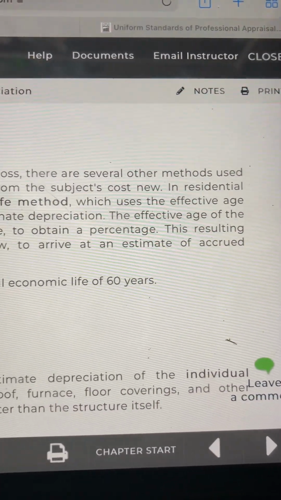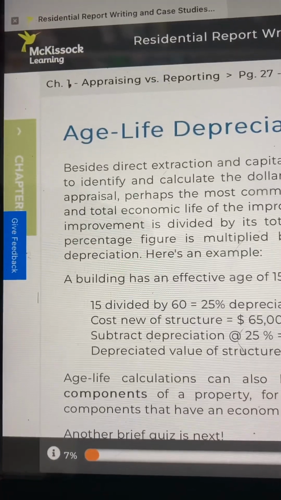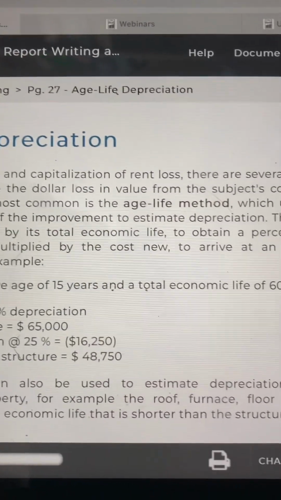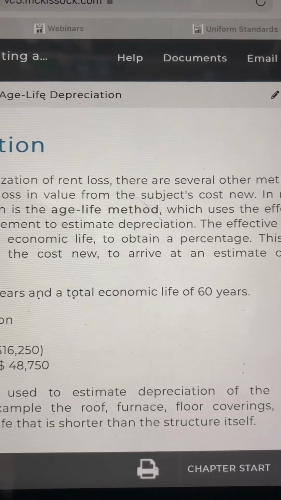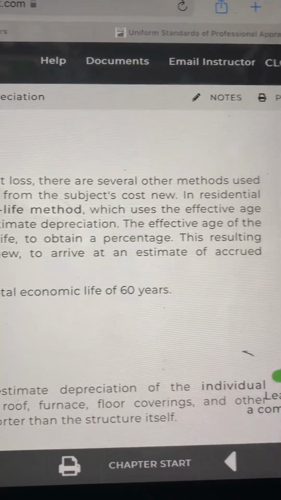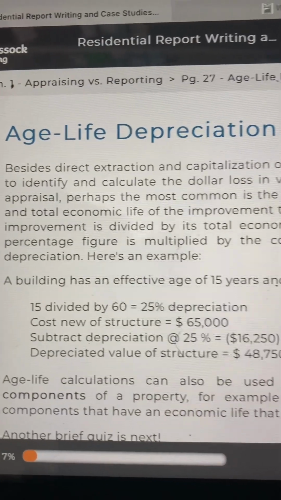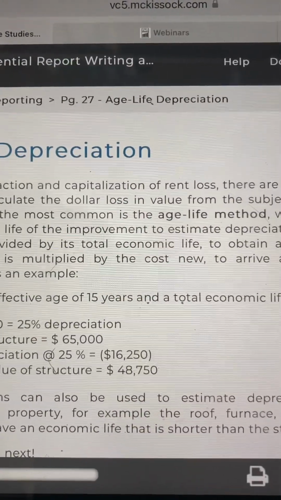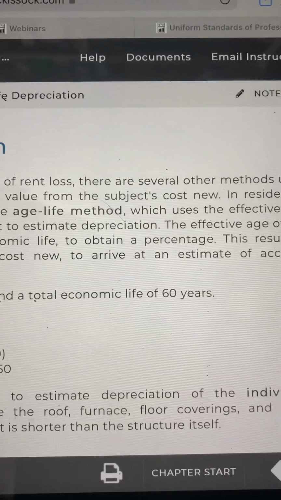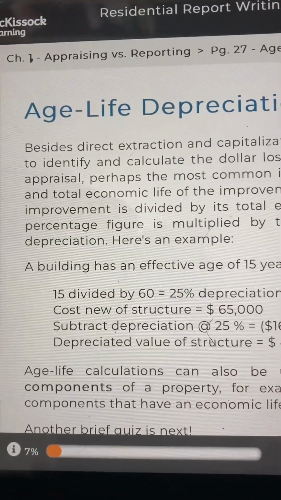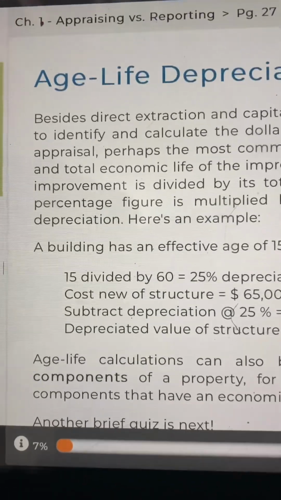The effective age of the improvement is divided by its total economic life to obtain a percentage. This resulting percentage figure is multiplied by the cost new to arrive at an estimate of accrued depreciation. Here's an example.